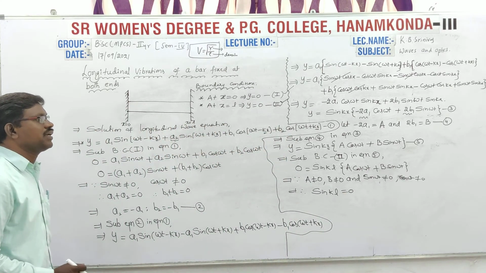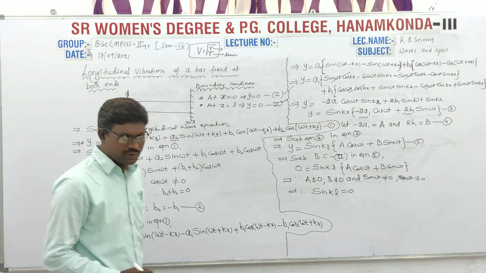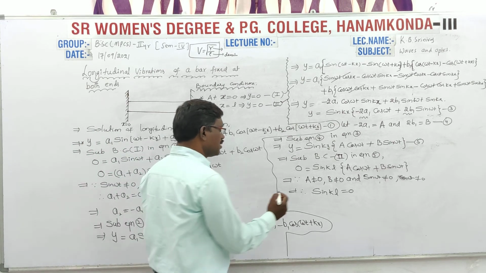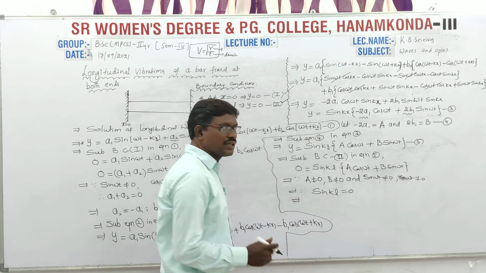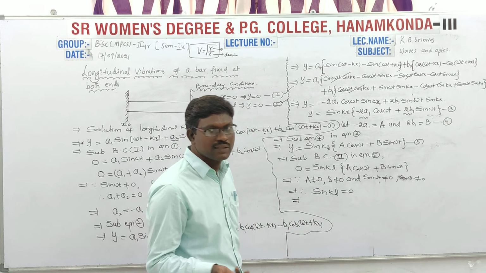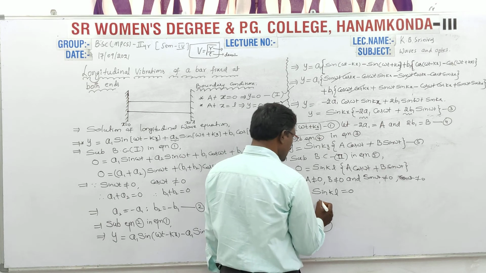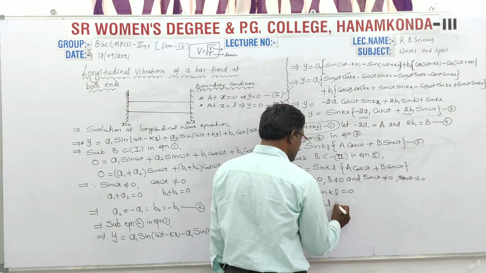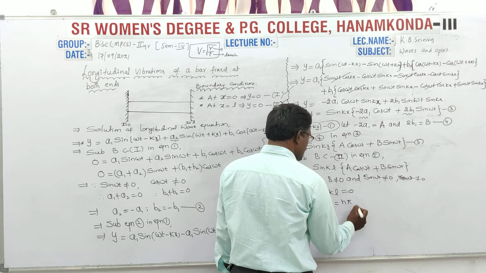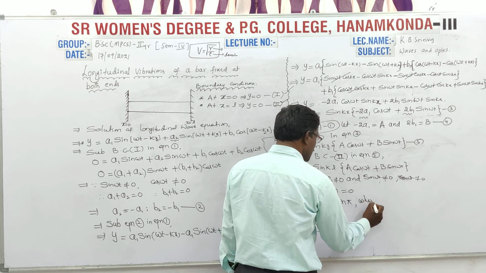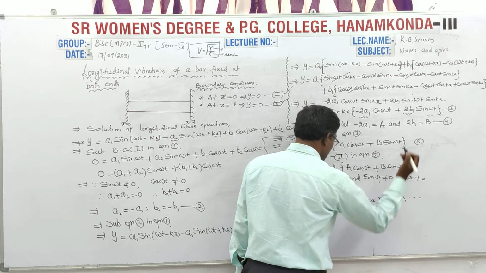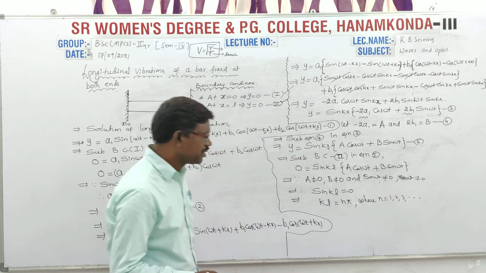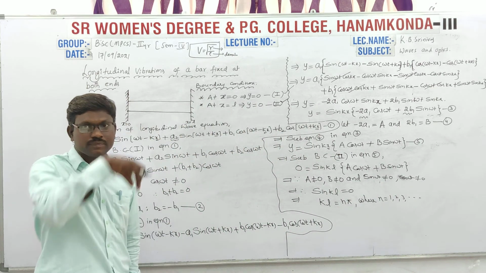When sin kl is equal to 0, remember, what are the values for sin theta that give 0 as result? When kl is equal to some n pi, where n is equal to 1, 2, 3 and so on, n not equal to 0.